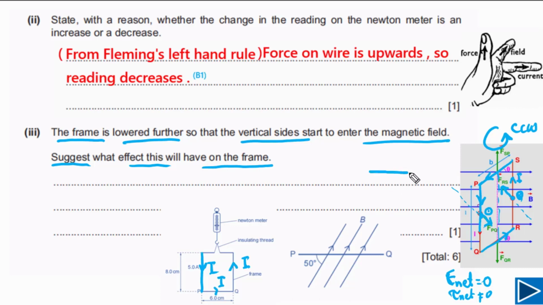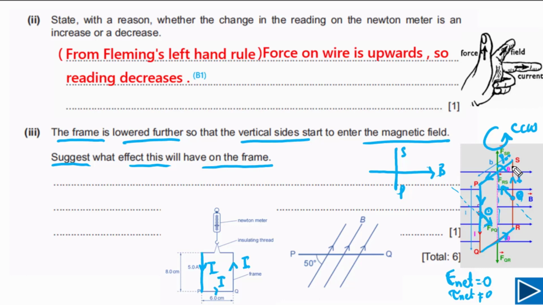Now I will just look at side PS. This is our magnetic field. When side PS, or side SP, is perpendicular to the field, you can imagine that when this angle theta is 90 degrees, there will be no torque. So this is the second point you need to understand. The first point is that the loop will rotate counterclockwise.